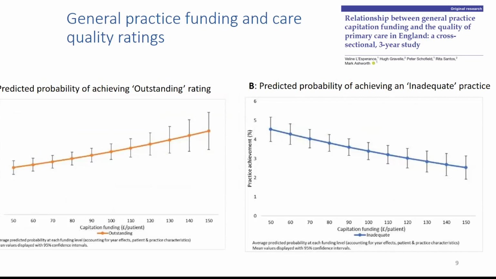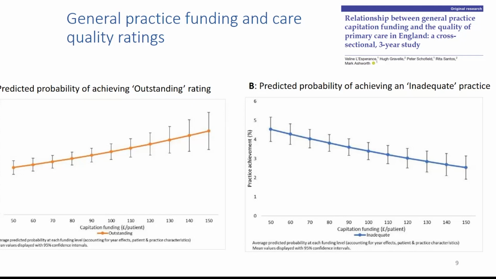We used ordered logistic regression models to calculate the probability of achieving an outstanding or an inadequate rating across each of the different levels of capitation funding. In A, it shows the average predicted probability of achieving an outstanding rating for a range of different capitation levels. The probabilities are averages, estimated for each practice at each level of funding.